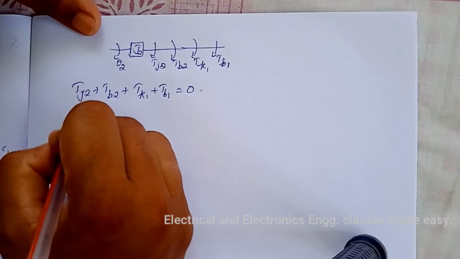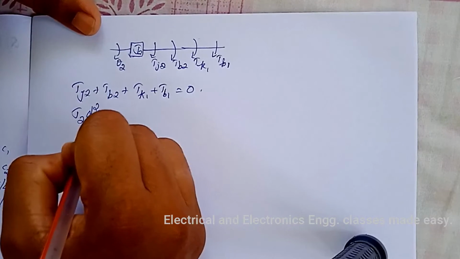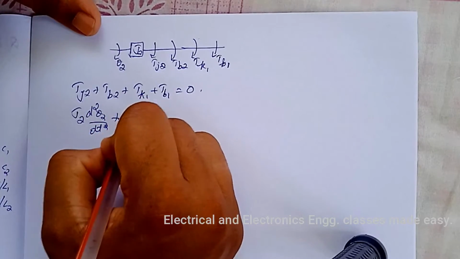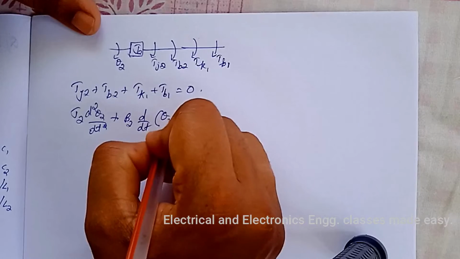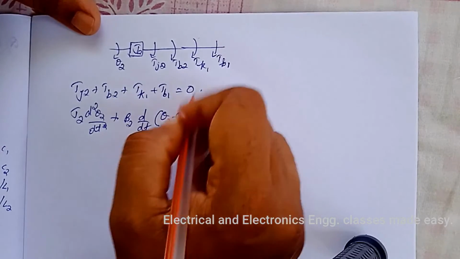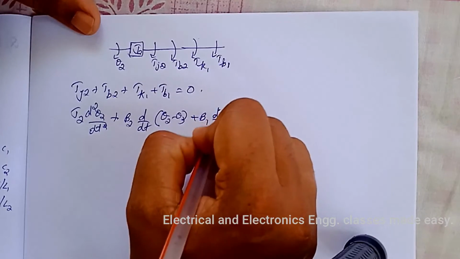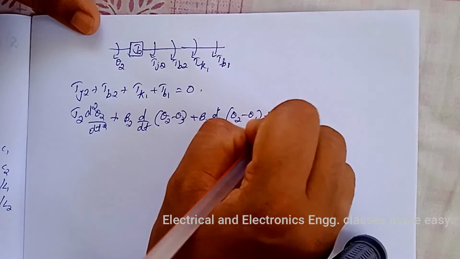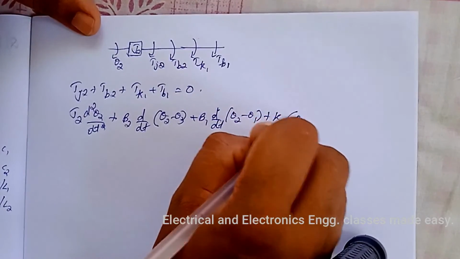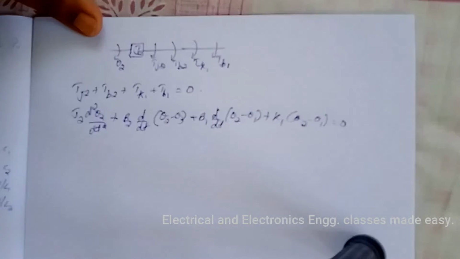T J2 is J2 into d square theta 2 divided by dt square, then plus B2 into d by dt of theta 2 minus theta 3, then plus B1 into d by dt of theta 2 minus theta 1 plus K1 into theta 2 minus theta 1 equal to 0.